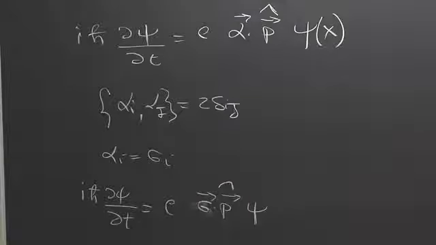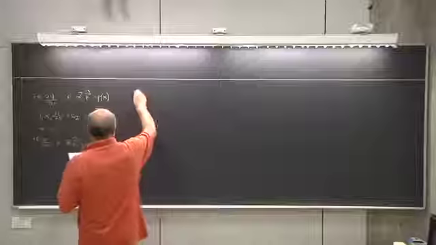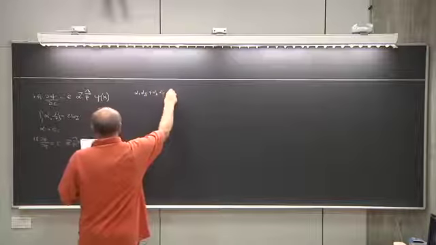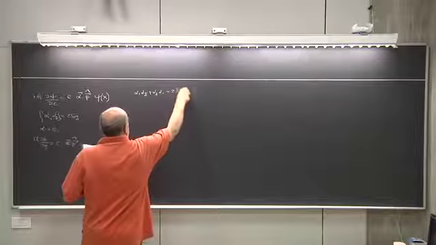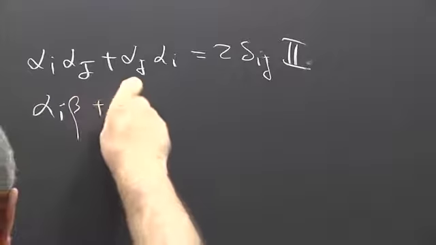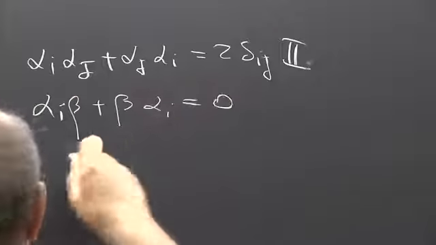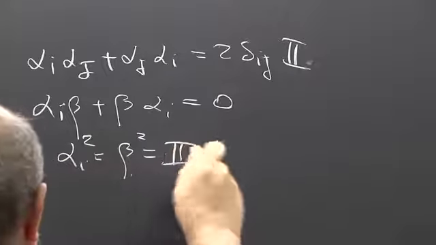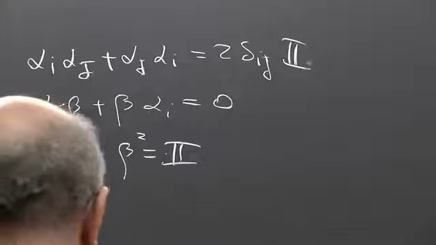But there was another manner to realize that the massless particle is described by two-dimensional spinors, which is to change the representation of the alpha matrix. If you remember, the alpha matrices have to satisfy this relation, where these are 4x4 matrices: alpha I beta plus beta alpha I is equal 0, alpha I square equals beta square equals the identity.